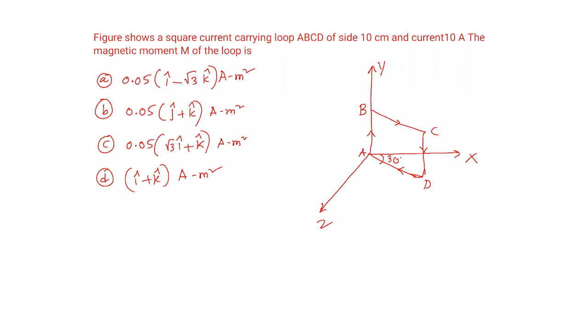Current is given as 10 ampere. Side of the square is 10 centimeter. Now they're asking the magnetic moment. Previous J question. Yes, correct, Vaibhav.